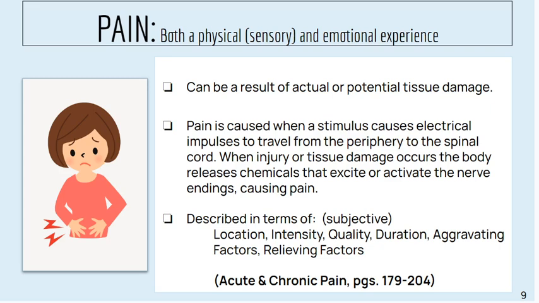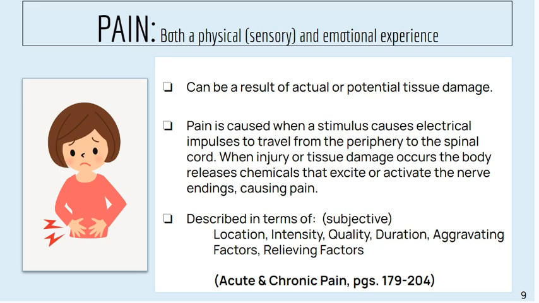So pain is both a physical and emotional experience. And when I say physical, I mean sensory. So remember those nerves when we're talking about pain. It can be a result of actual or potential tissue damage. Pain is caused when a stimulus causes electrical impulses to travel from the periphery to the spinal cord.